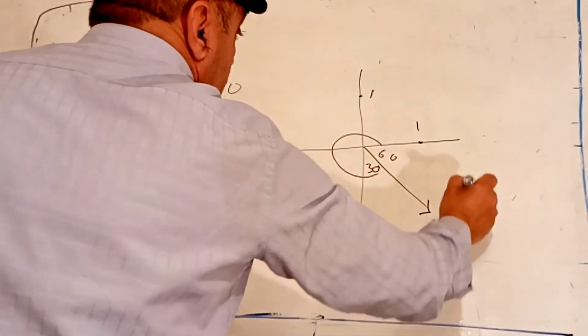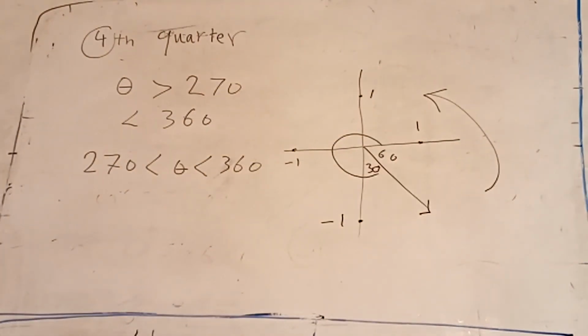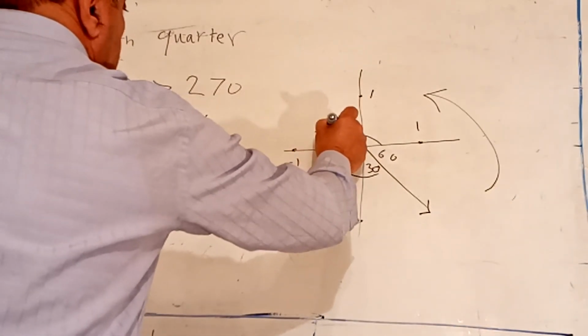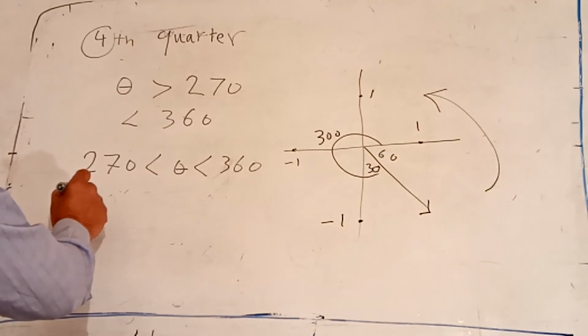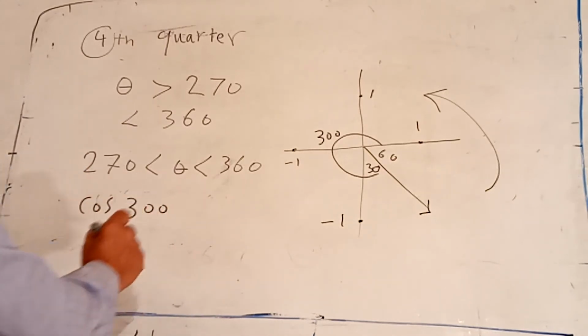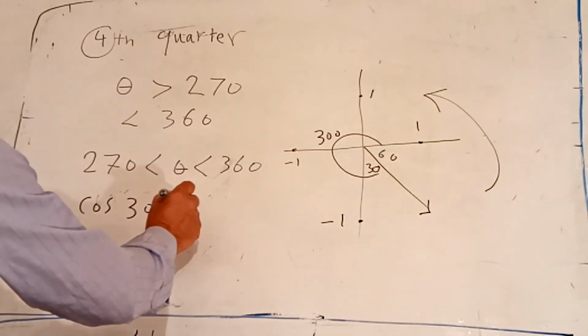This is the hypotenuse, and this is the direction of rotation. How much is this angle here? This is 300. The whole angle is 300. So let's get cosine 300. Cosine 300 is equal to 0.5.